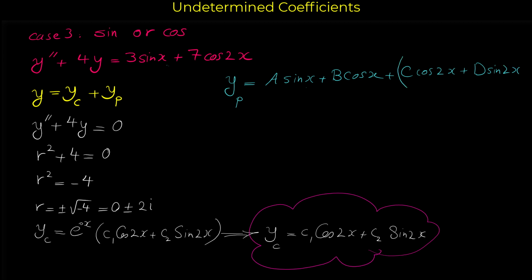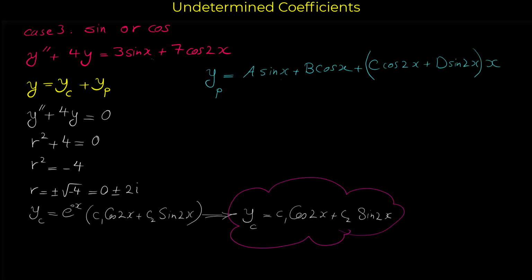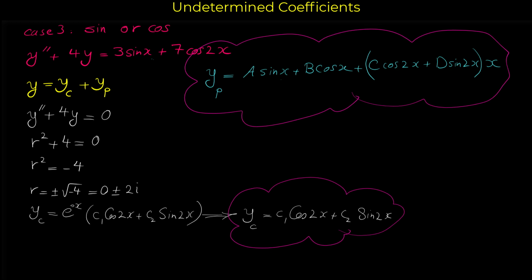If we multiply this by x, now we have x cosine 2x and x sine of 2x. And we don't have any x cosine 2x and x sine 2x here. So this is the form of the particular solution for this differential equation.